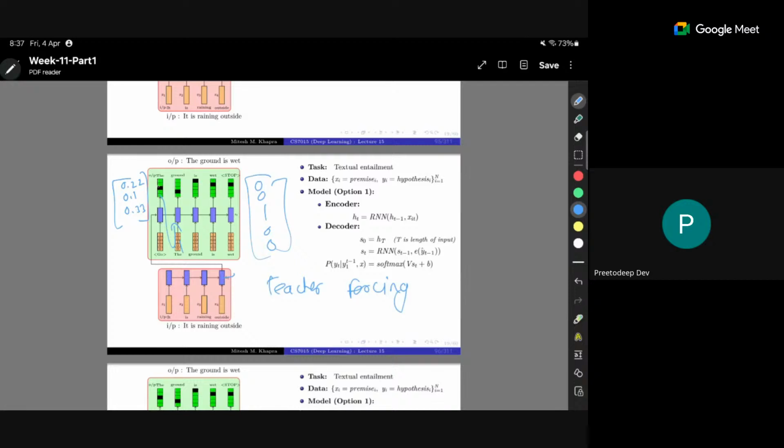So even if I make a mistake here, and I get a different output here, not the word "ground" itself, still I'll give the true word here only. Okay, so this is what is called teacher forcing. So we'll always give true outputs here, not the predicted output. Okay, the true outputs are going to be one hot vectors only, or embeddings you can consider. So if we use embeddings, then these are going to be embeddings, not the probability which we got here.